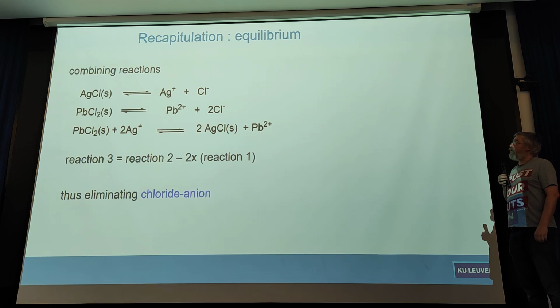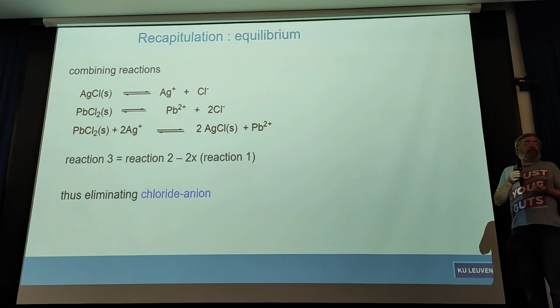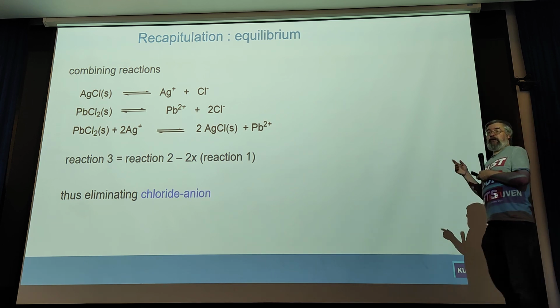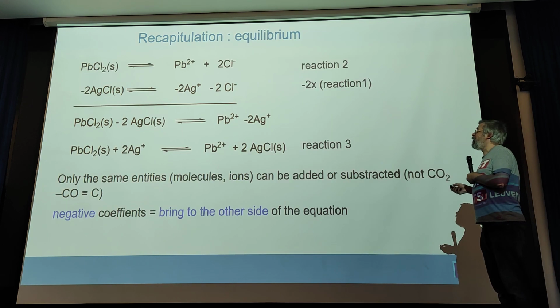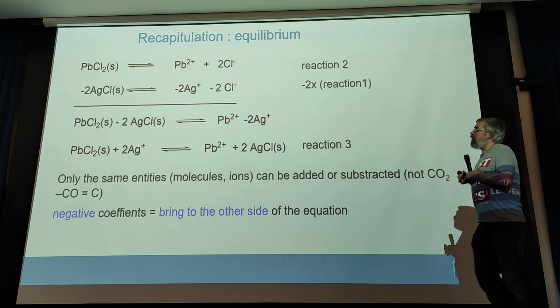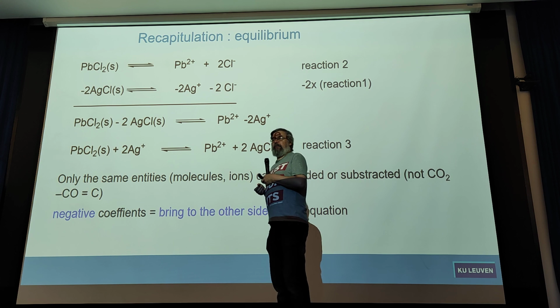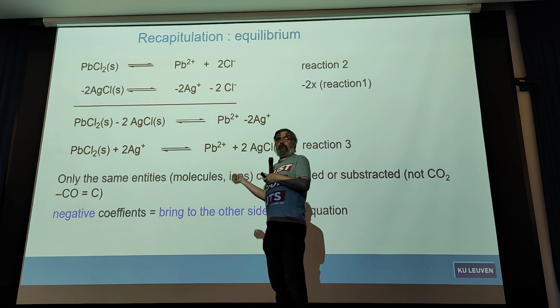That's the way how we can exclude free chloride, because we don't have chloride in this reaction. So we eliminate chloride anion by combining the two reactions in this way. This is how we could see it. So reaction 2, then minus 2 reaction 1. We know that a minus coefficient means we bring it to the other side.